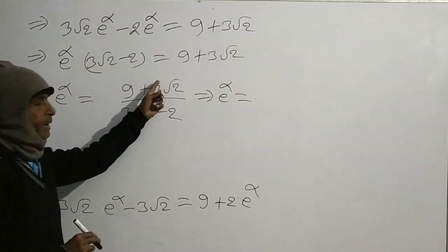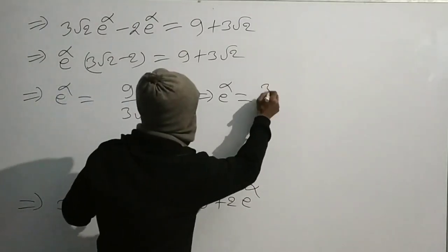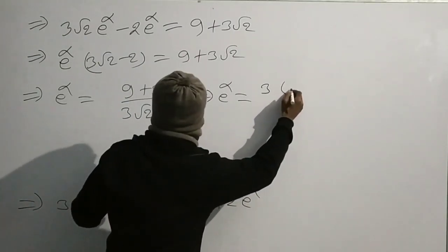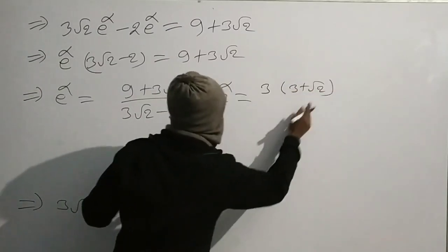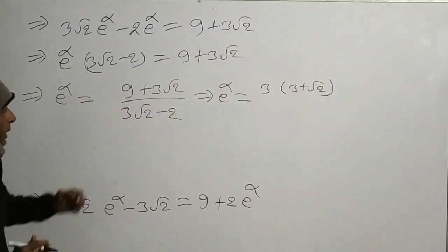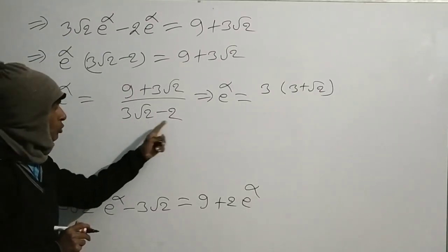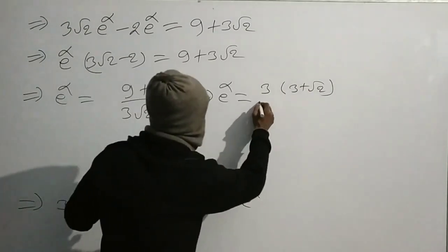This implies e to the power alpha is equal to, we take 3 common from these two terms, 3. Then there is left 3 plus root 2. And we take root 2 common from these two terms in the denominator, root 2.